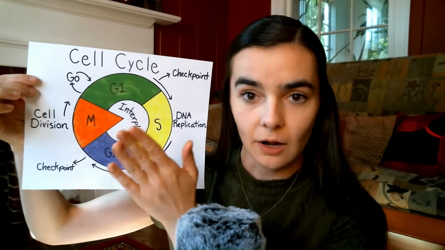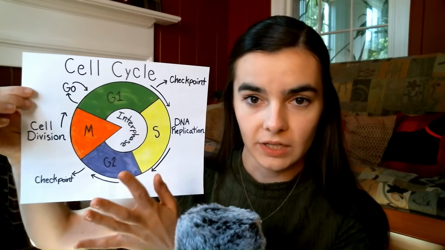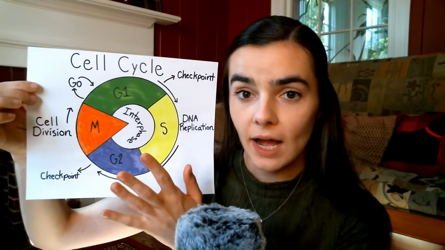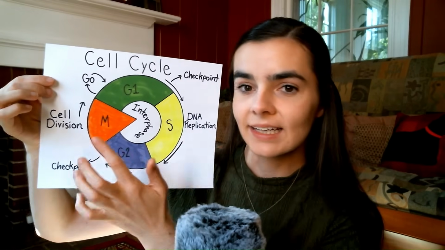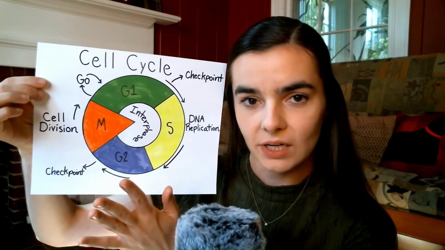We need to get it out of the cell cycle and kill the cell because the DNA is not replicated properly. It has a mutation. That's what happens normally: your body kicks those cells out and prevents anything bad from happening.